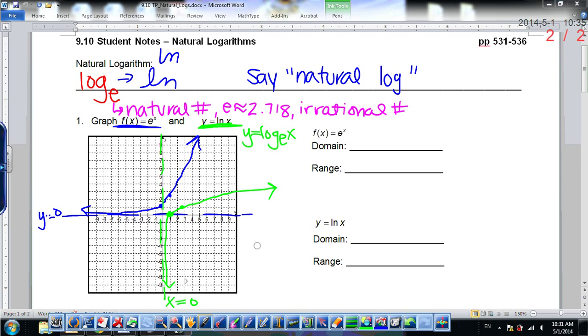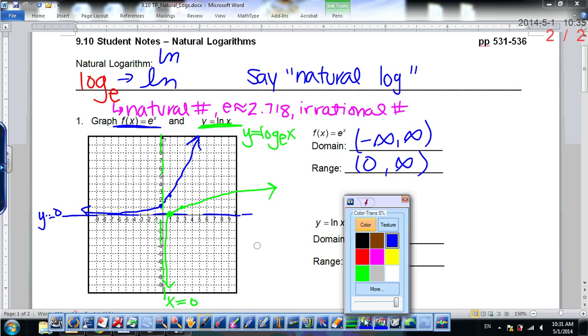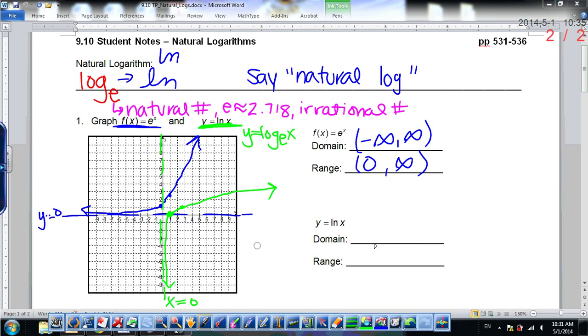All right, what's the domain of our exponential function, e to the x? All real numbers. And what is the range? Okay, what about for the natural log of x? The domain is going to be 0 to infinity, and the range is going to be negative infinity to infinity. So what do we know about these two functions?